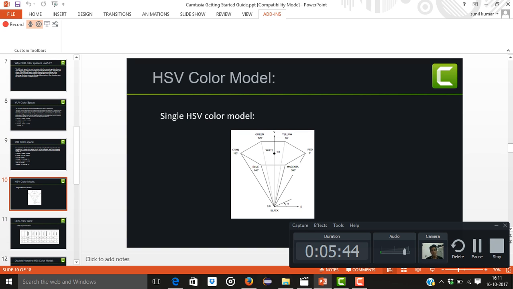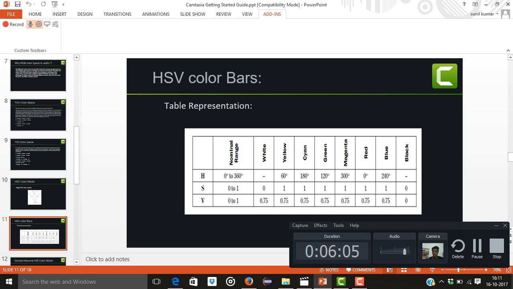Next is the HSV color model, the single hexagon HSV color model. It looks like a hexagon shape in which white has 1.0 at the center point, green is at 120 degrees, yellow at 60 degrees, red at 0 degrees, and cyan at 180 degrees. This is the systematic structure of the HSV color model and its table representation.